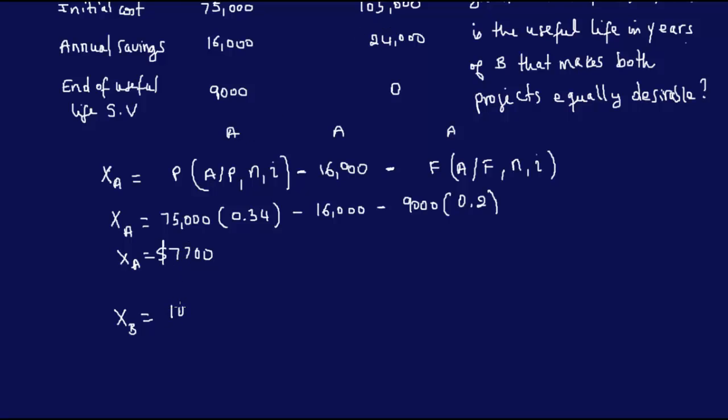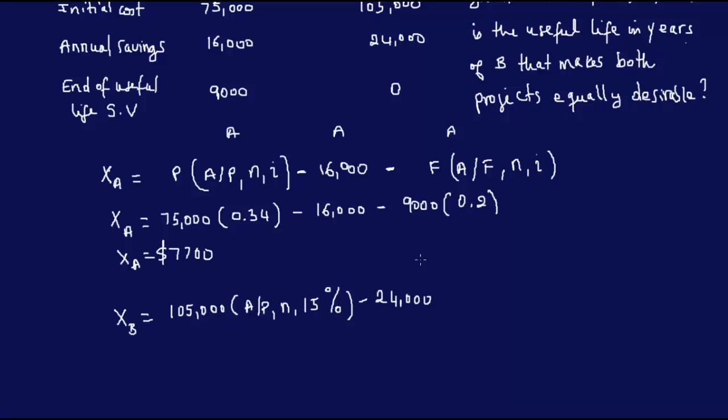So 105 AP, and 15%. I should have put 15% there, minus 24,000. That's already in annual, so we don't need to do anything.